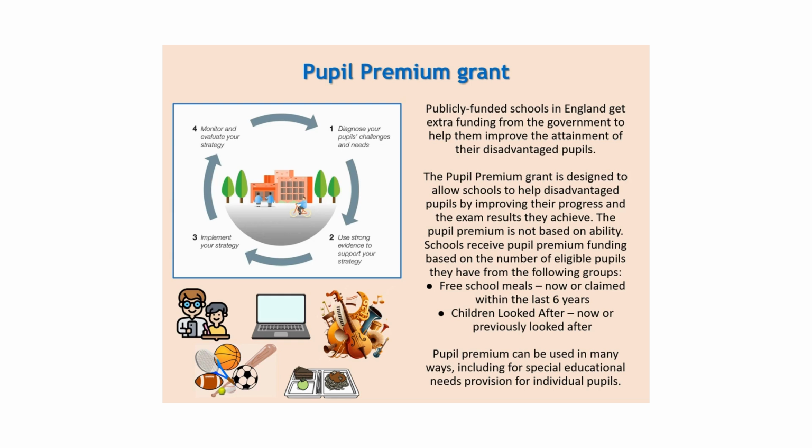Schools receive pupil premium funding based on the number of eligible pupils they have from the following groups: free school meals, now or claimed within the past 6 years, and children looked after, now or previously looked after. Pupil premium can be used in many ways, including for special educational needs provision for individual pupils.